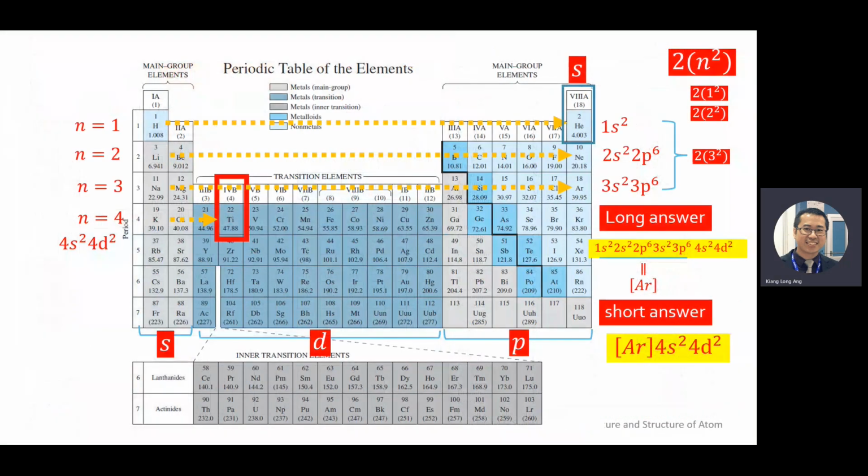It's because of the energy level. Okay, so this is the first answer from the periodic table, but you can further check with the energy level, because if you go higher, actually it's more complex.